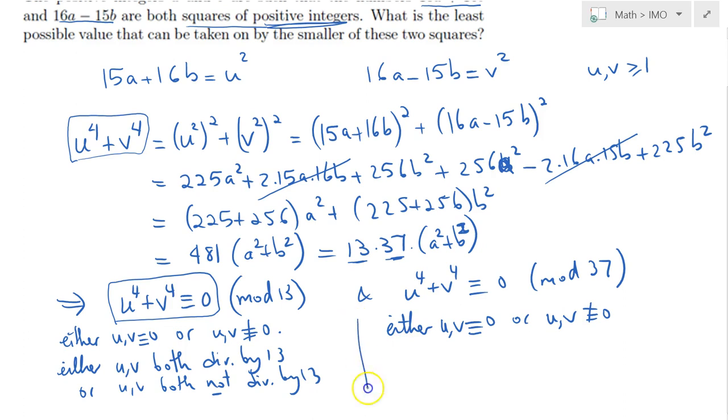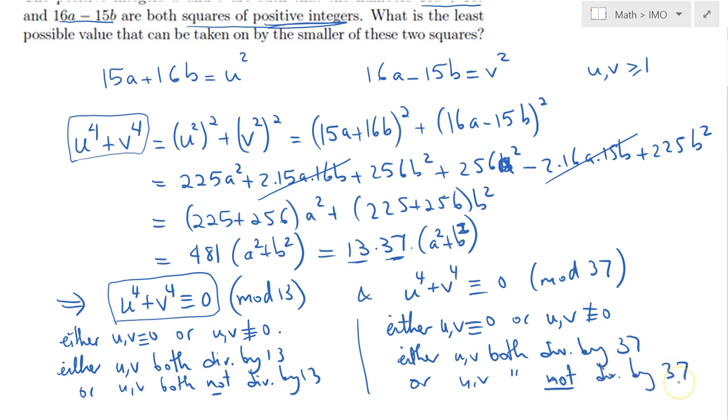And in a similar way for the other one, the expression here is either u and v are both divisible by 37, or u and v are both not divisible by 37. But which one? It turns out that both of them are at the same time divisible by 13, and both of them are divisible by 37 at the same time.